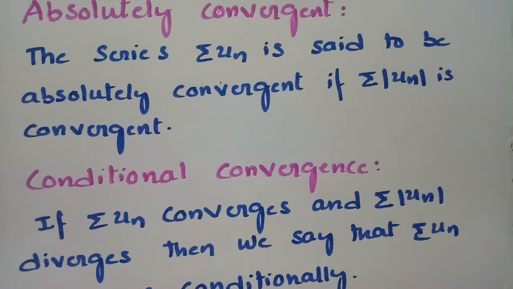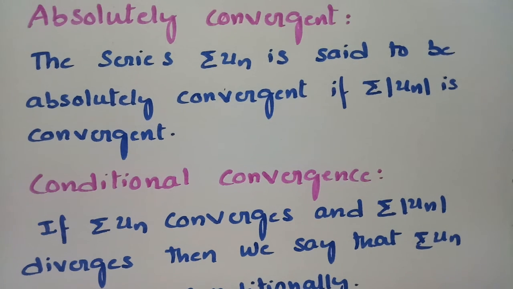If there are factorials and powers, we go through D'Alembert's ratio test. Coming to Cauchy's nth root test, it will be with powers of n, and the alternating series will be plus, minus and so on. We'll apply the Leibniz test, and the integral test is straightaway asked. And the next one is absolute convergence or conditional convergence.